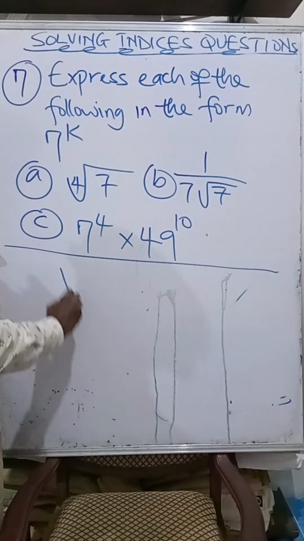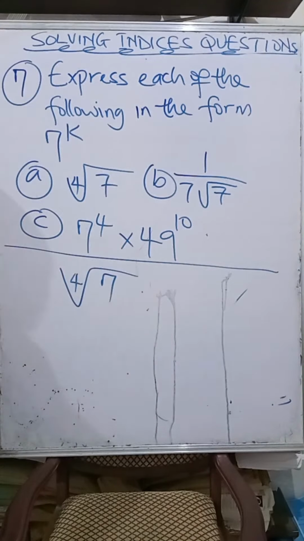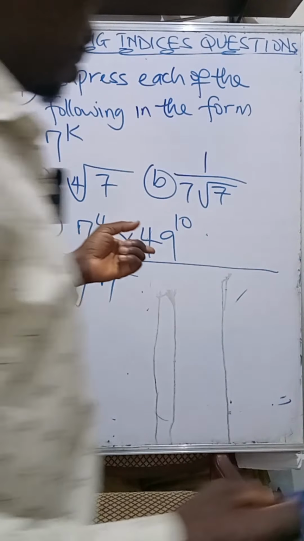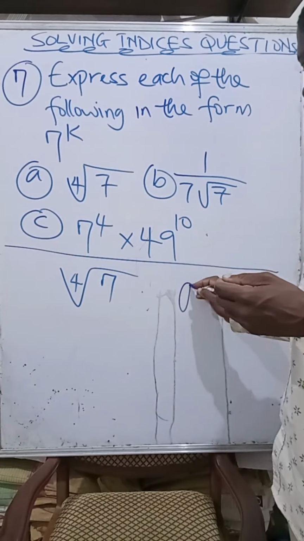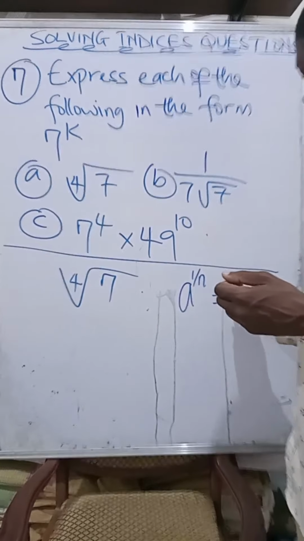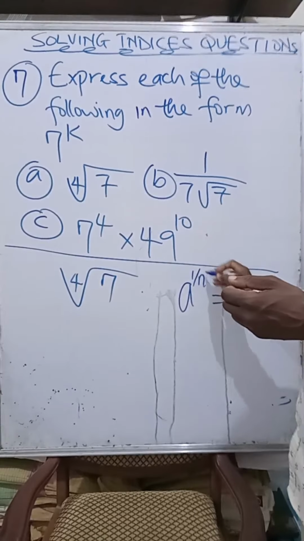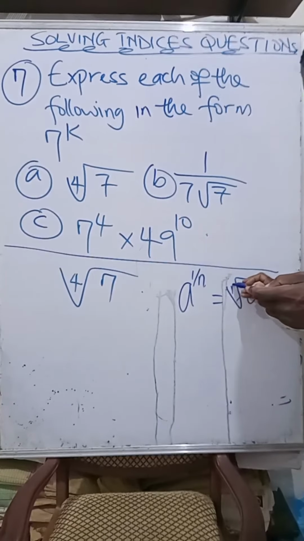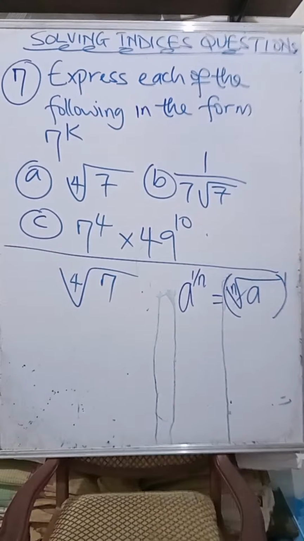We have 4 here. We have 7 here. I will take us back to one of the laws: if you have a to the power 1 over n, it is going to be equal to the nth root of a. The denominator of that exponent will be the root index, and the numerator will be the power inside.